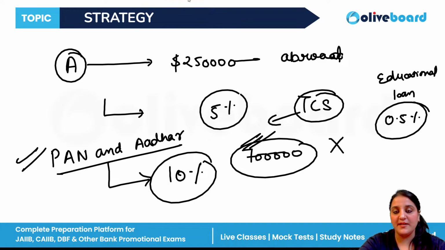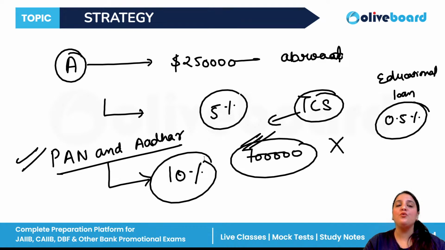I hope it is clear what LRS is. I gave you a quick overview of the LRS. If there is any problem, you can tell me. So LRS, in the end, allows travel, study abroad, medical treatment, gifts, donations, maintenance of relatives, investment abroad in shares or property, or you can also open a foreign bank account.